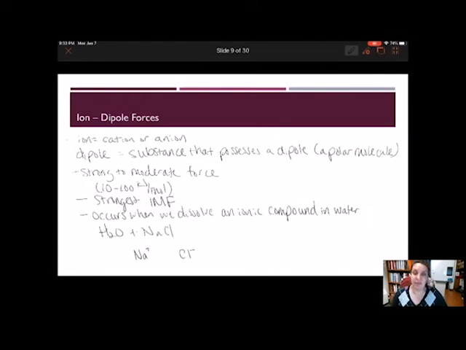So all of these sodium ions are going to interact with the negative portion of your water molecule. Right? And then all of our chloride ions are going to interact with the positive portion of our water molecule. So we have an opposites attract interaction going on.